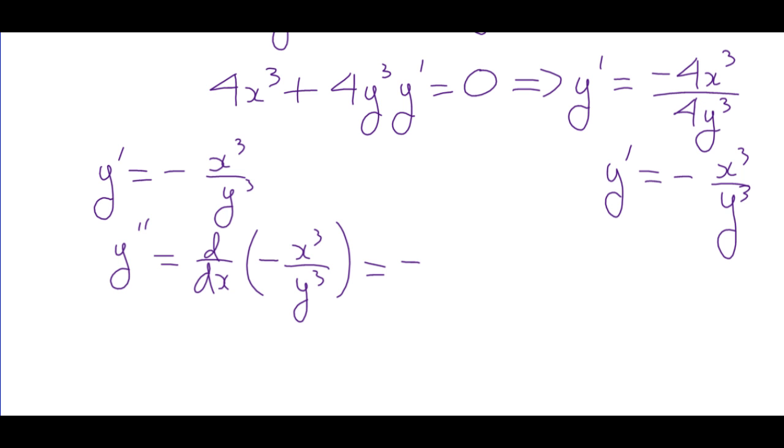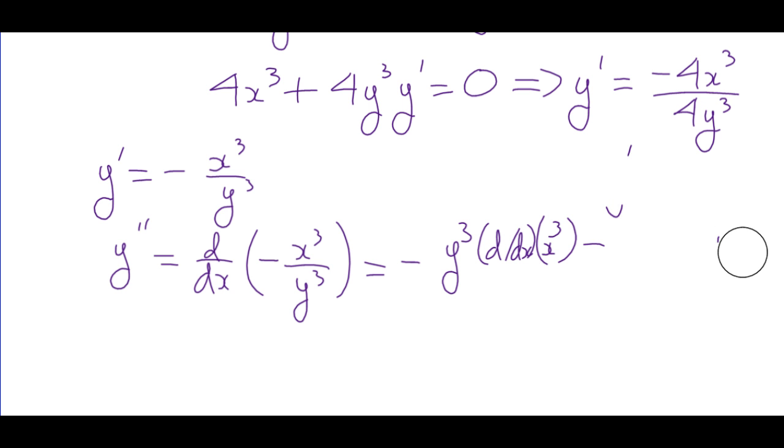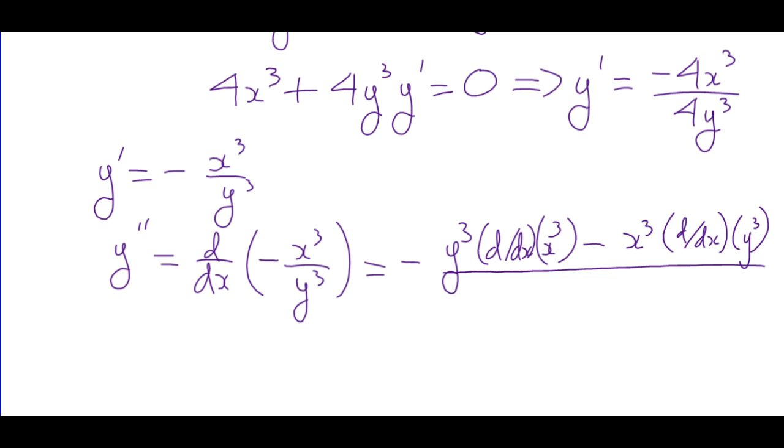So if we say like f over g, there's g times f prime. So y cubed times, well, let's be explicit here, d by dx of x cubed minus x cubed times d by dx of y cubed. Isn't it the second term that gets derived?